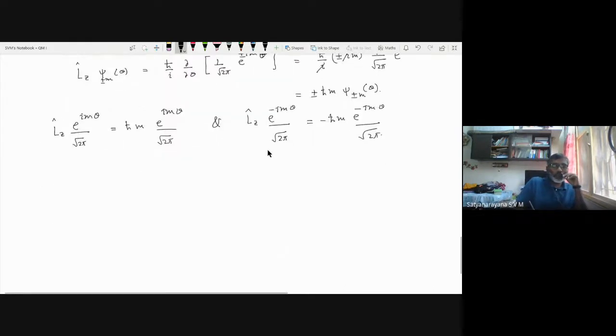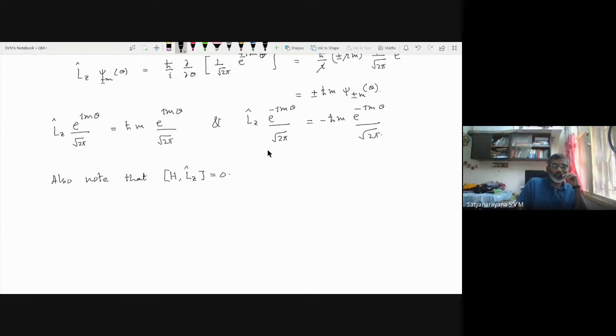Also note that the Hamiltonian and Lz actually commute with each other. If they are commuting with each other, then they can have common eigenfunctions.